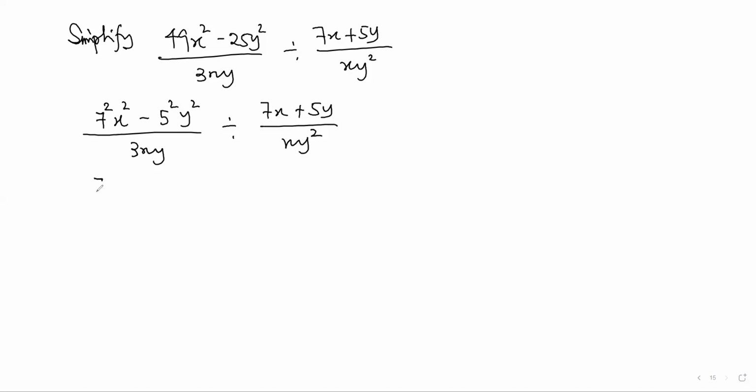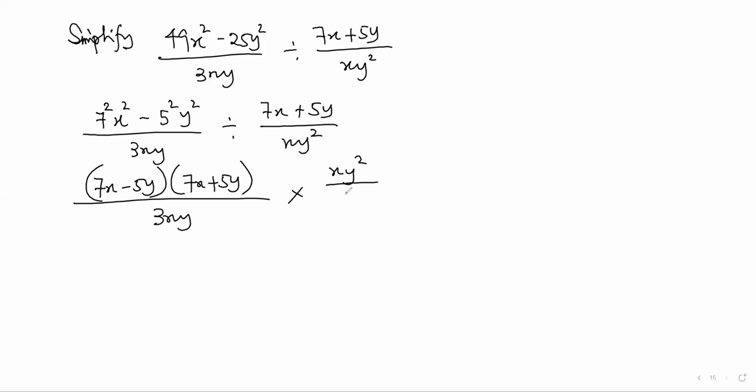So this is the same as (7x minus 5y)(7x plus 5y) divided by 3xy, times, so this becomes the numerator, and this becomes the denominator.